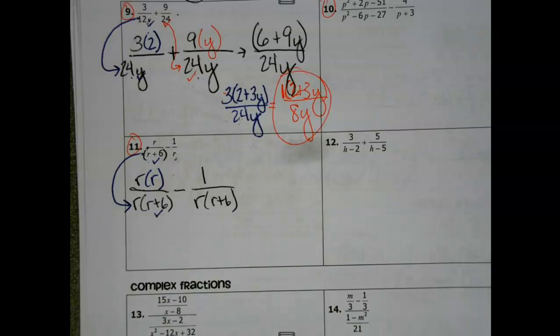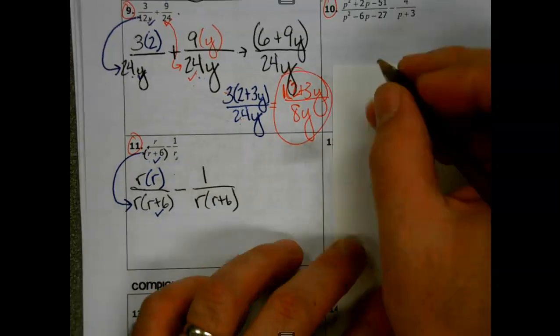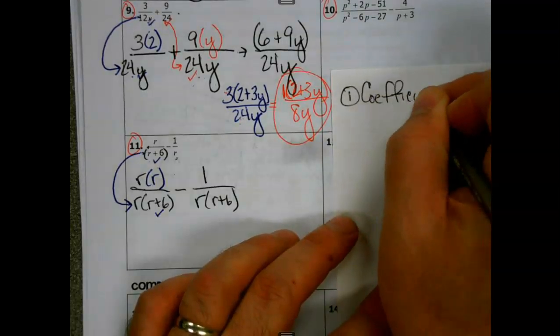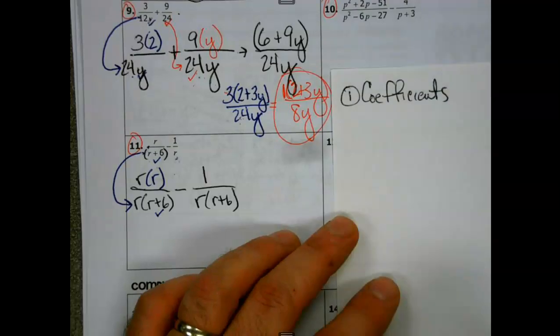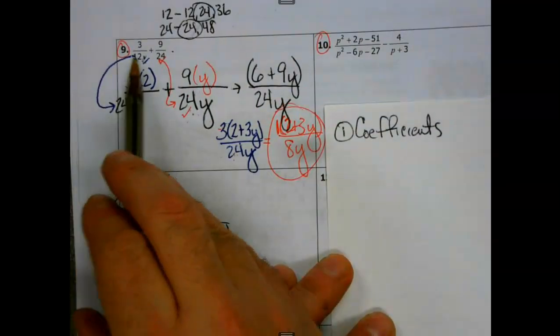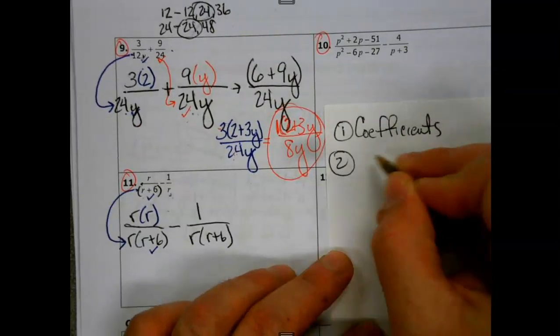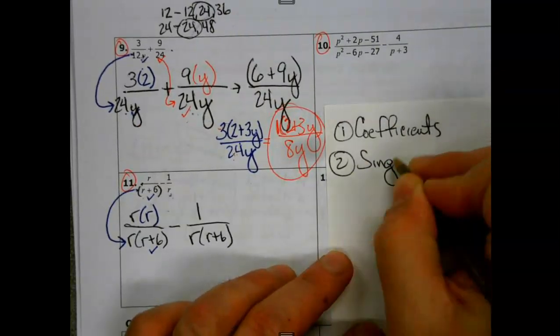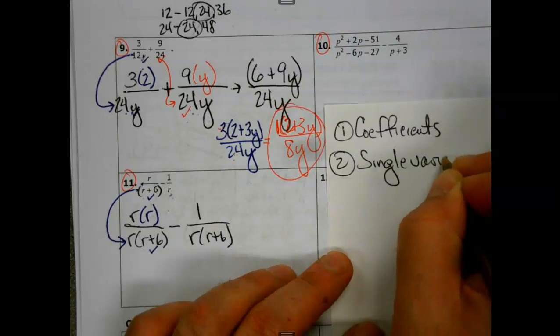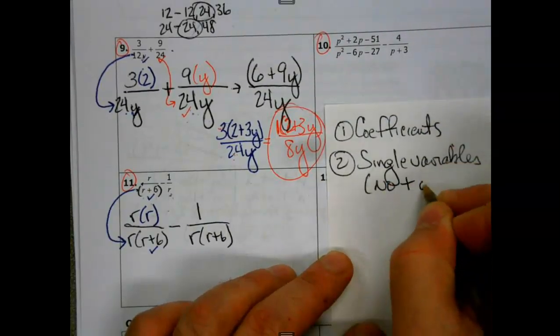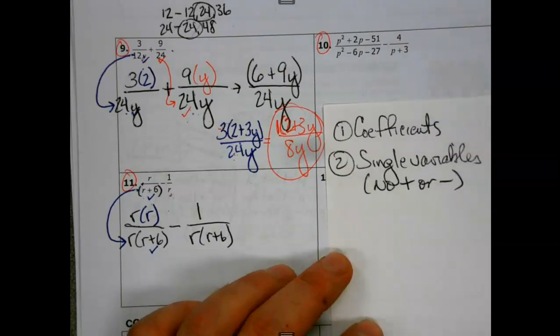Yeah, when we're doing these, and I had this up before, we're looking for numbers that are just out in front first, like we did with the 12 and 24 up here. We played with that. Then we look for single variables where there's no plus or minus involved.